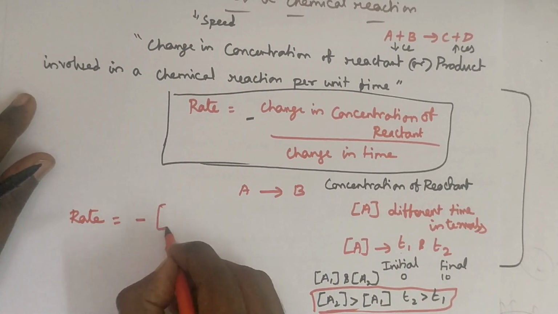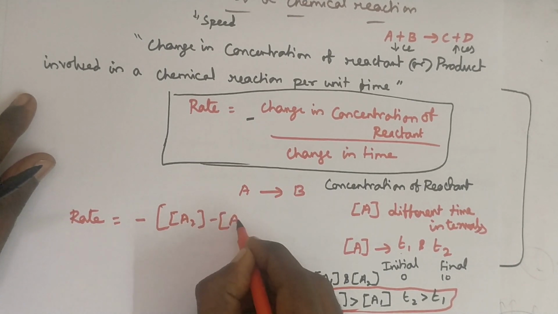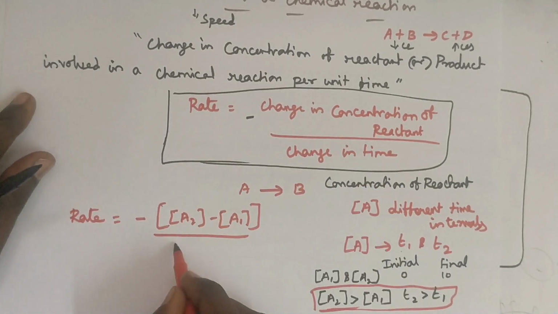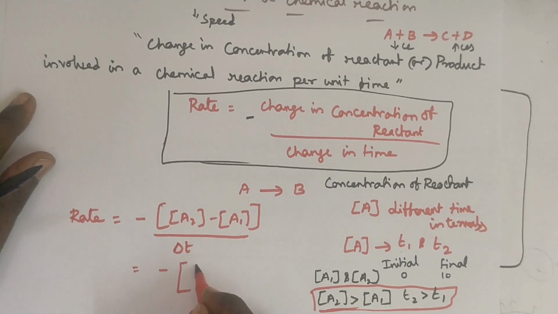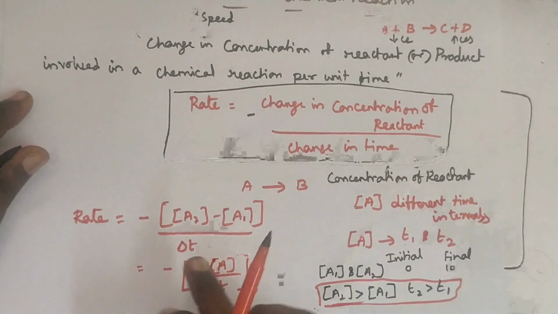So minus concentration of A2 minus concentration of A1 divided by change in time. The difference we take as delta T, and this one we take as delta. So minus of delta A by delta T. So it is for concentration of reactant.